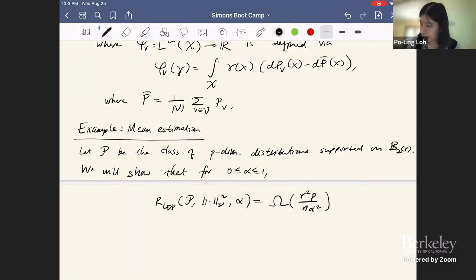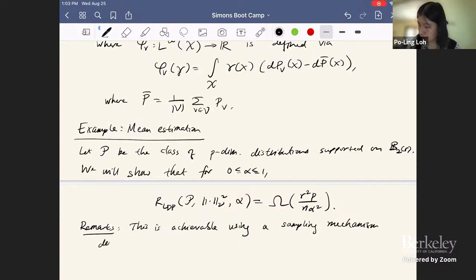And just a short note, so maybe 2 remarks. So this is achievable using a sampling mechanism described in Duchi.